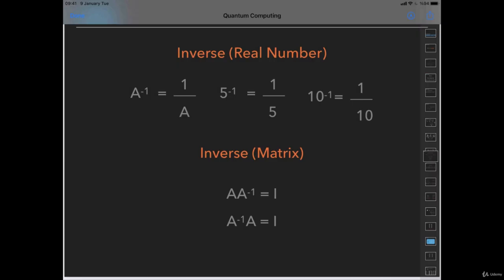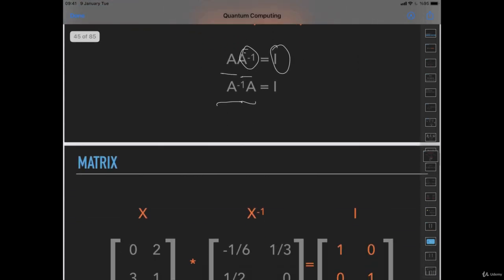It goes the same way as 1 over 10 as well. So the inverse of a matrix is such that if you multiply the matrix with its inverse, that will be equal to the identity matrix. It goes the same way as a minus 1 multiplied by a, it's again equal to I. So how do we actually prove this?